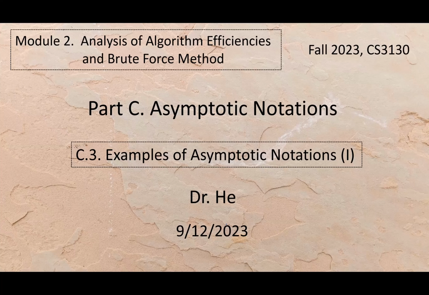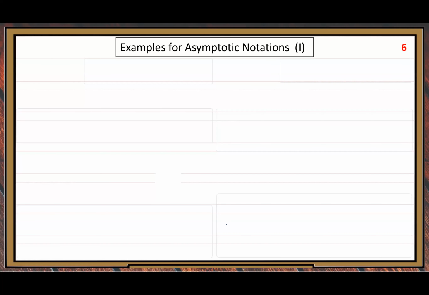Let's move to C.3, examples of asymptotic notations. This time I want to show you a few simple examples. Let's start with some simple examples first. Example part 1.